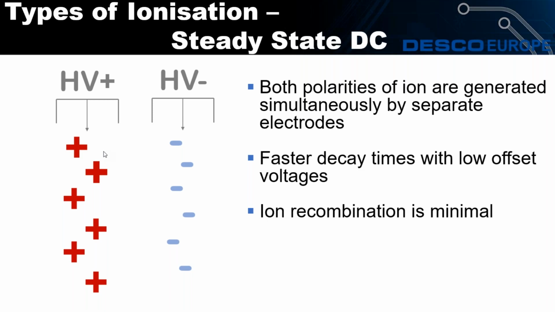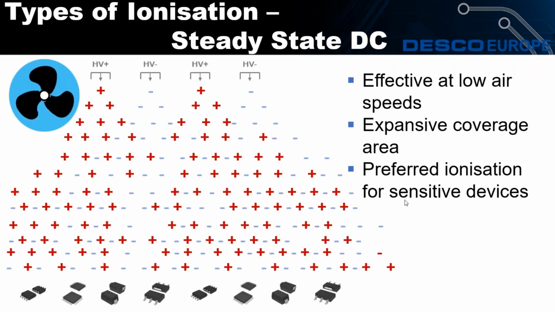And we'll talk about this a bit later during the presentation, that the industry standard calls for an offset voltage of either polarity, either positive or negative, of being less than 35 volts. The steady state DC ionisers do have a very low offset voltage, of which we will show you in a selection of charts a little bit later.